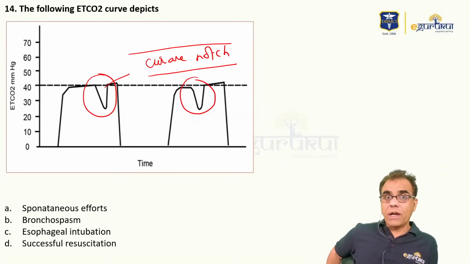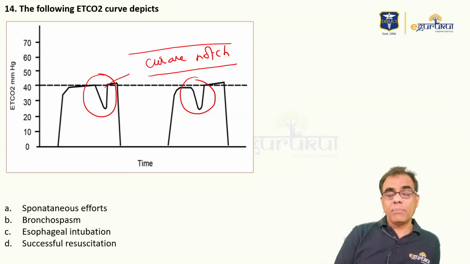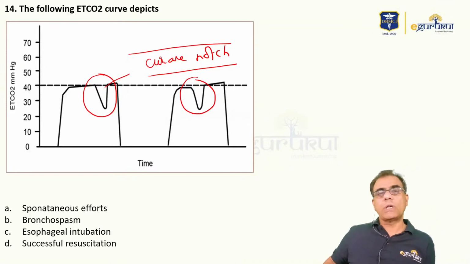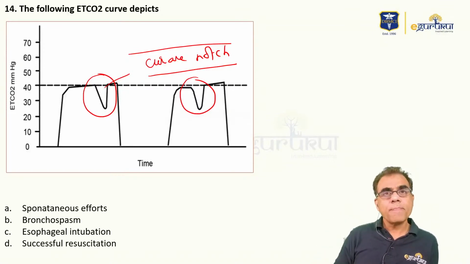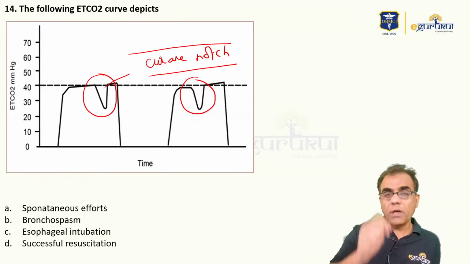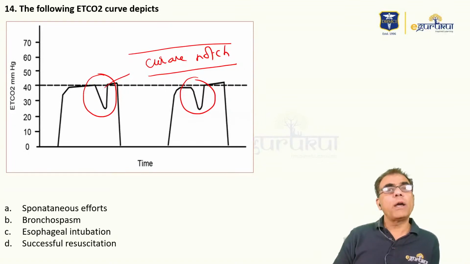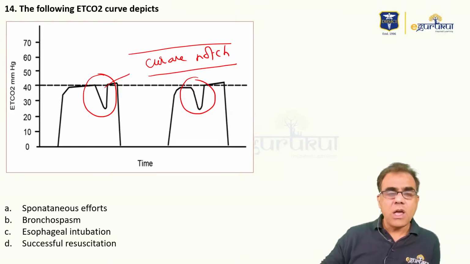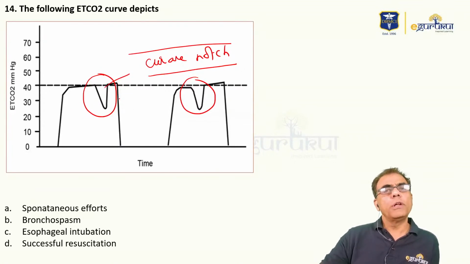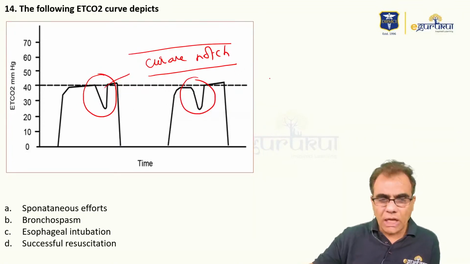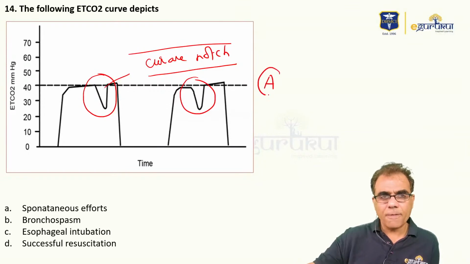So what does that indicate? That indicates that the effect of muscle relaxant has waned off and the patient is trying to take his spontaneous breath. So what does that mean? It means we have to repeat the dose of muscle relaxant. So the curare notch indicates recovery of spontaneous ventilation, meaning the waning of the effect of muscle relaxant. So we have to repeat the dose of muscle relaxant. So this indicates spontaneous effort.